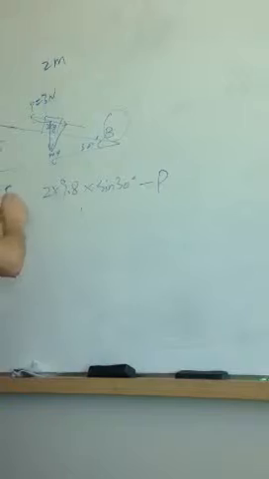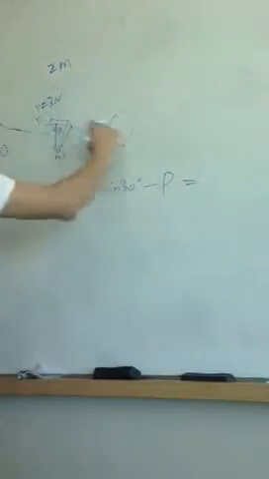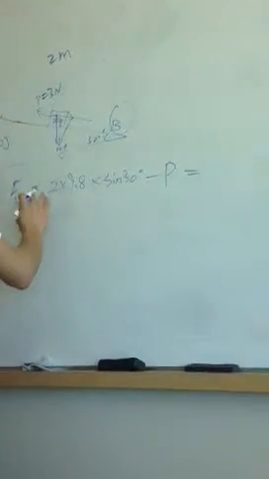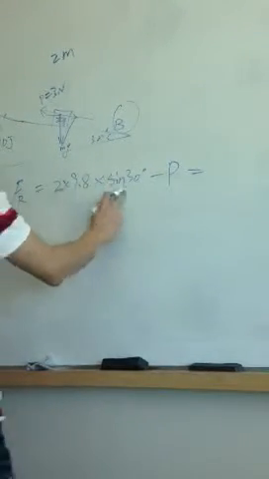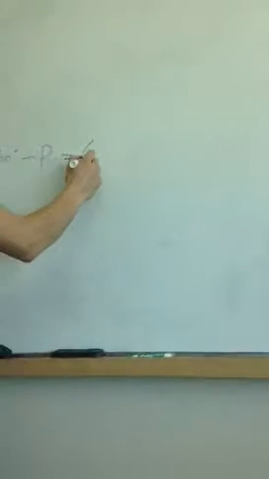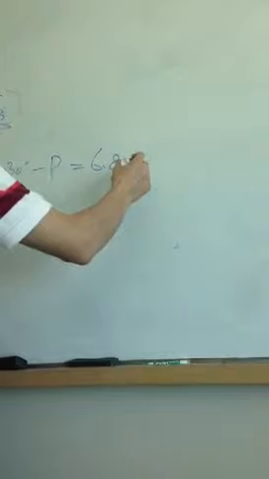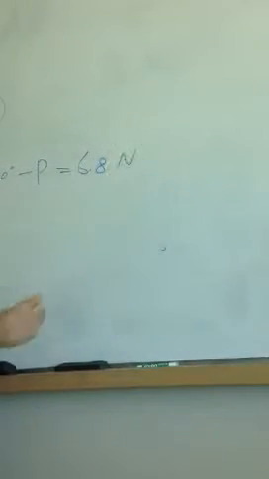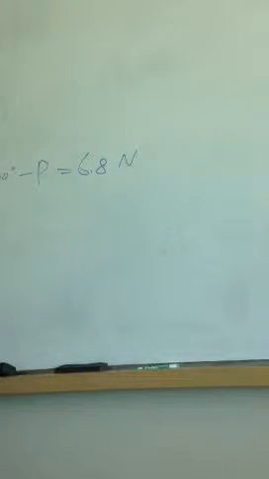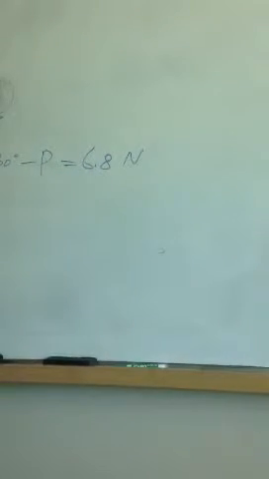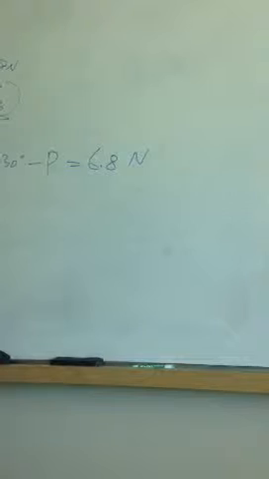That's the resultant force, right? Which is going down. And if you calculate, it's 9.8 minus 3, which is 6.8 Newton. So when you analyze all the force along this line, you find the resultant force is 6.8 Newton going down.